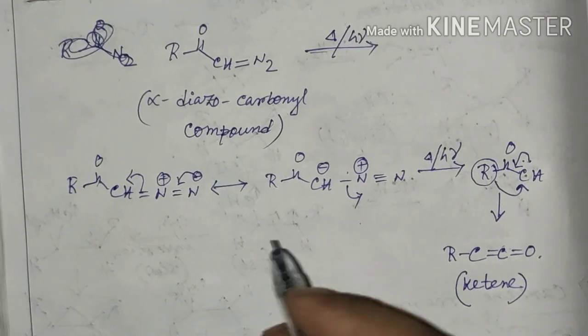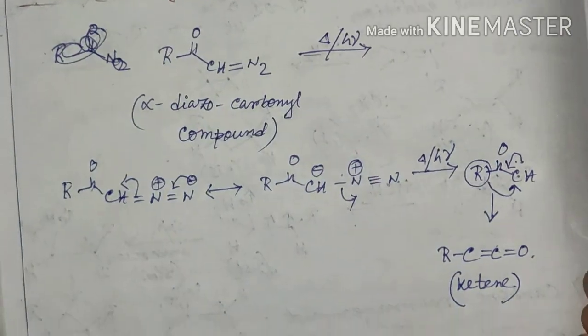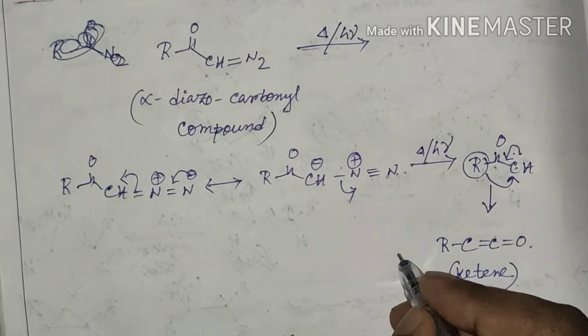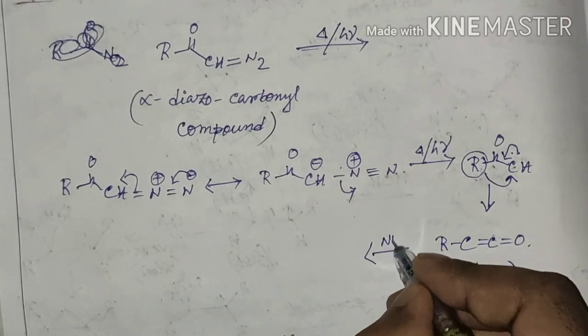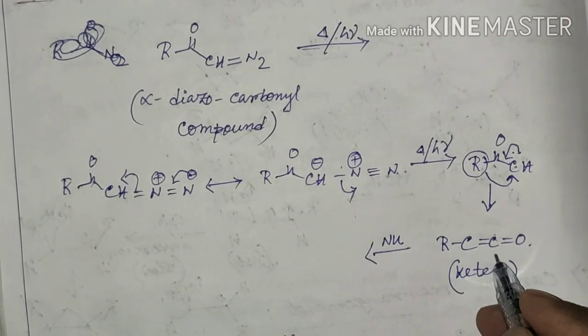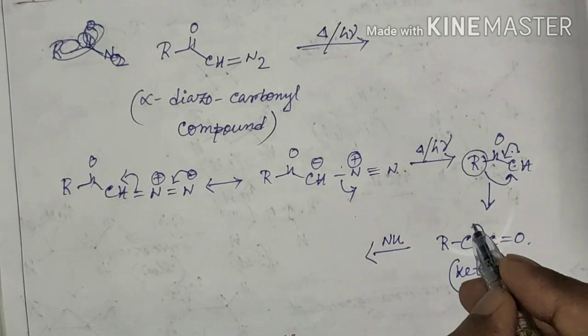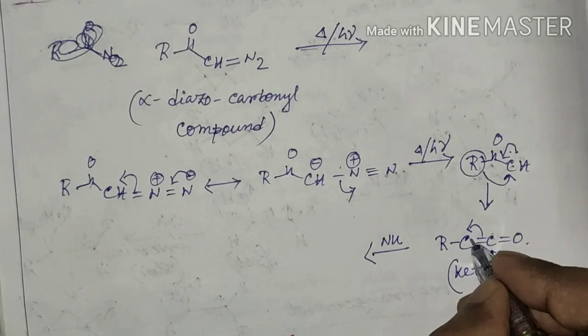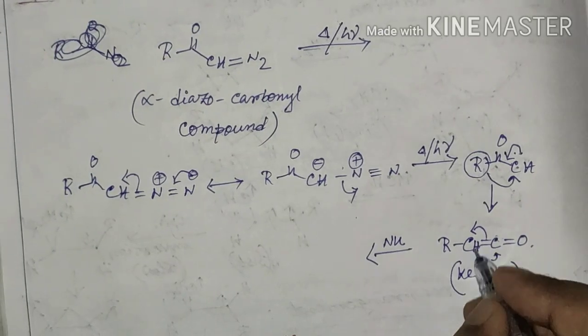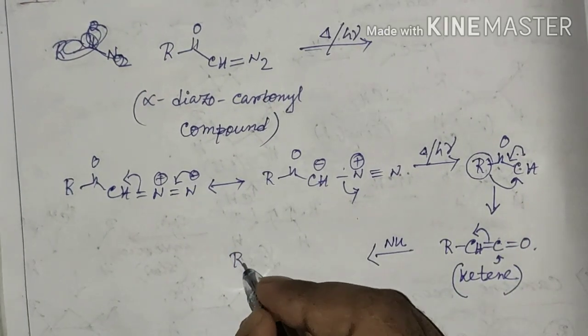This rearrangement is known as Wolff rearrangement, and if this ketene is reacted with a nucleophile, then the nucleophile will attack at this carbonyl carbon and it will form an anion here. Here it will be CH.